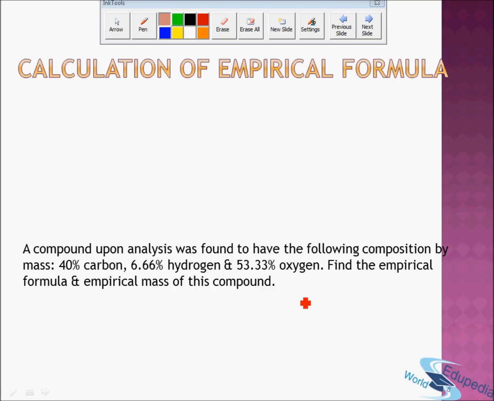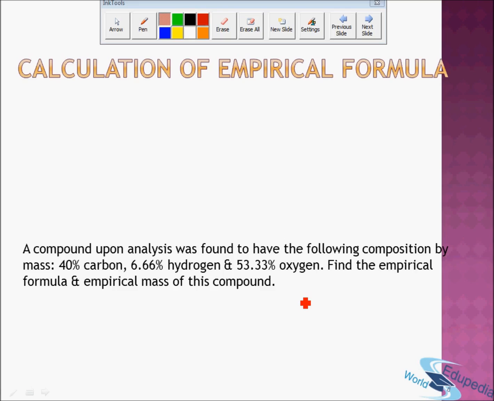We studied it in the last session. So right now we have been given percentage composition by mass. The compound has 40% of carbon atoms, 6.6% of hydrogen and 53.33% of oxygen by mass. Our goal is to calculate the empirical formula and empirical mass of this compound.